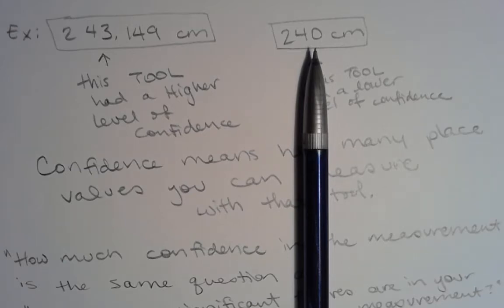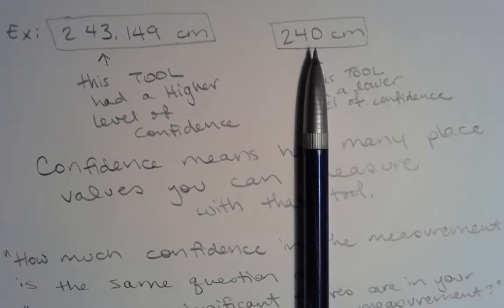Only 2 place values we could measure with confidence with that tool. Now, you're probably scratching your head because there are 3 numbers written there, and we're going to use that as our bridge to the question of what are the significant figures, because some figures are just numbers.